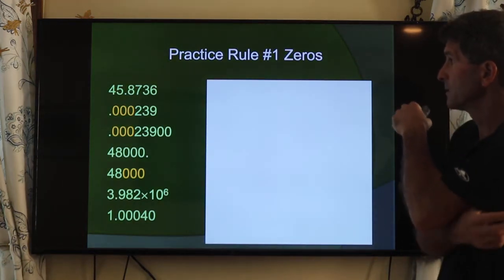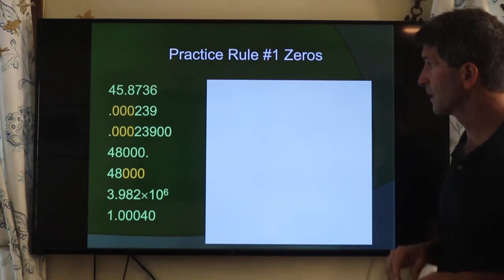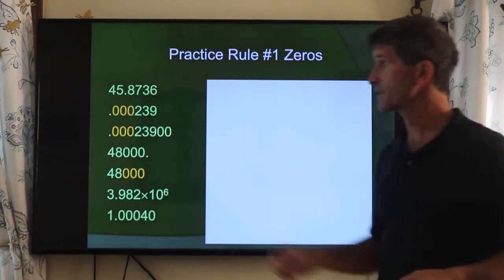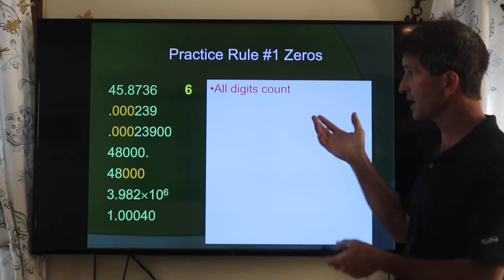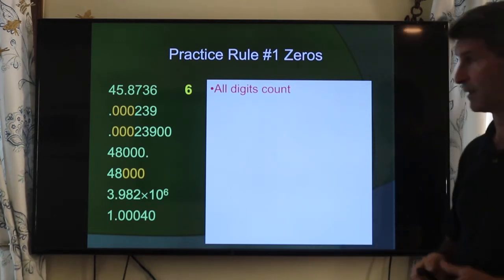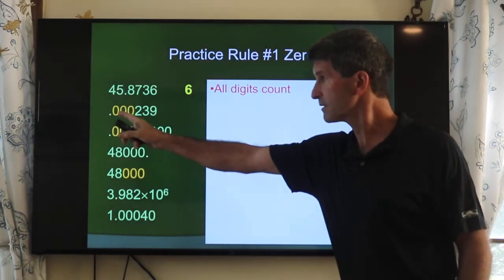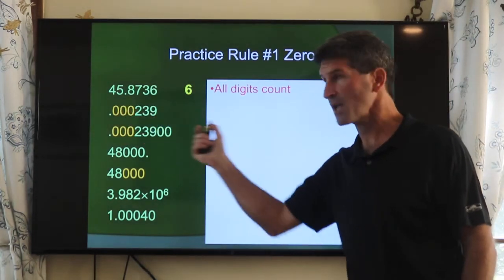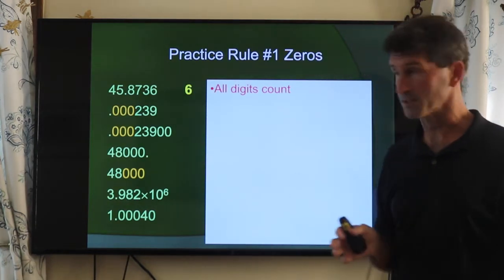So let's do a few different ones. How many significant figures? Everything's non-zero, everything's significant. All digits count there. 6 digits there. In this case, we got placeholders. This 0, this 0, this 0 just pushes everything to a smaller power of 10. They have no significance there.